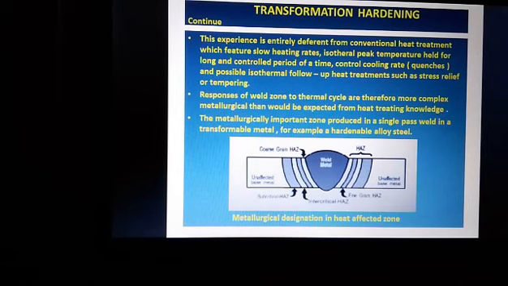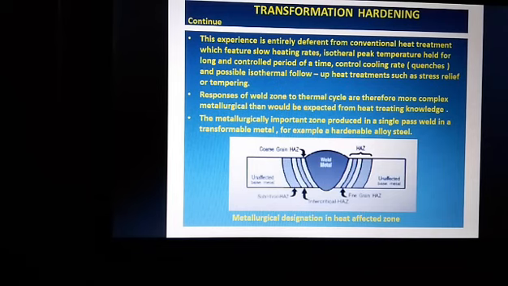The response of the weld zone to the thermal cycle is therefore more complex metallurgically than would be expected from heat treating knowledge.